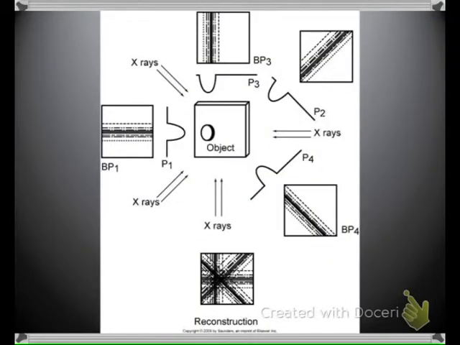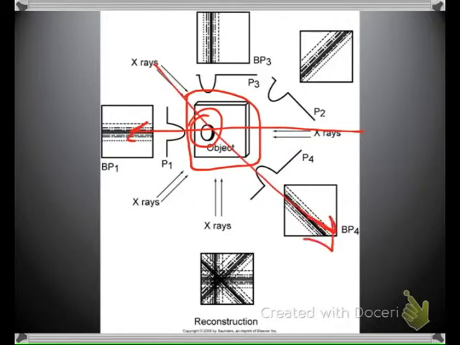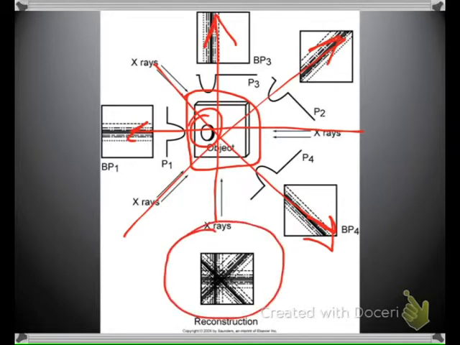Here we ultimately see what we're looking for in back projection. We have the object here, and we can see that we have a dot in the center. If we produce X-rays going this way, and then going this way, and even going vertically through this object, we get something that looks like this.